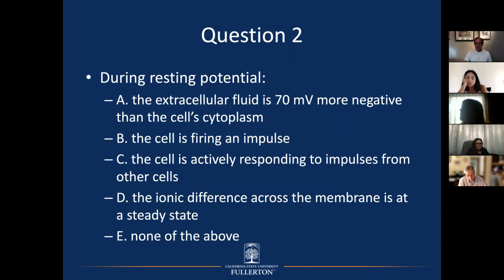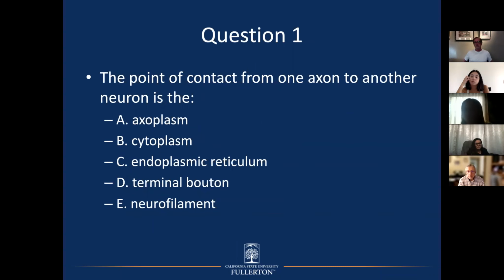Professor, on question 1, where we said axoplasm, on figure 4.2 of our book on page 76, they have the axoplasmic transport. And it says substances required by the axon are delivered from the soma via antegrade transport. Retrograde transport moves substances from the axon to the soma.